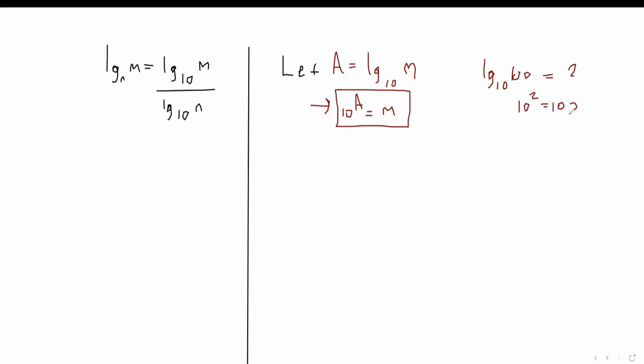So we wrote down the definition and we're going to do the same for this one. Let B be equal to log to base 10 of N. And so that would mean 10 to the B equals N, right?